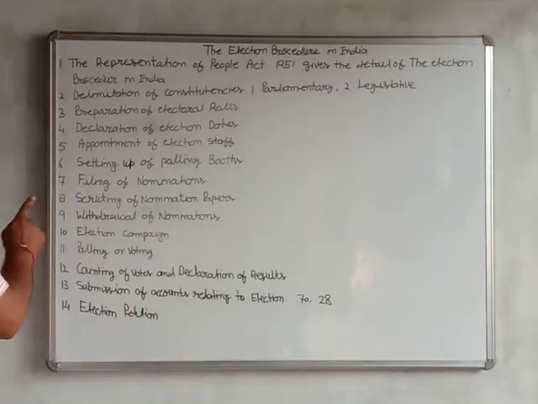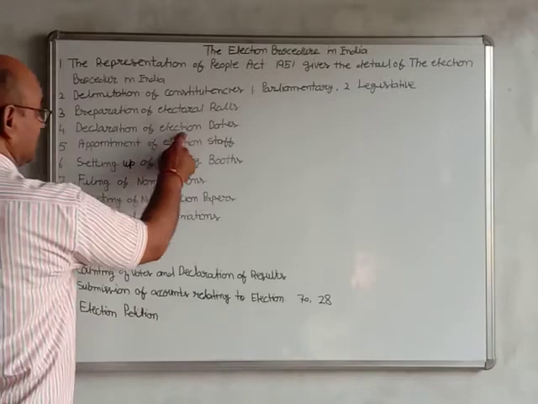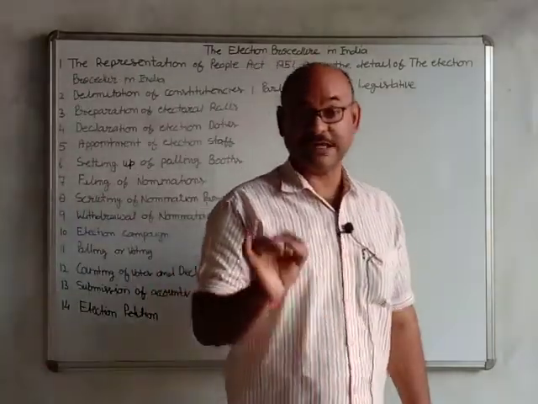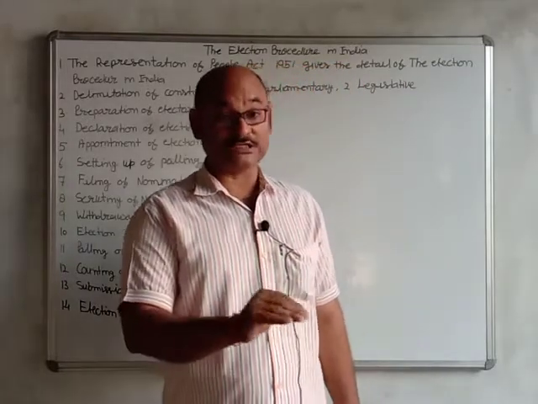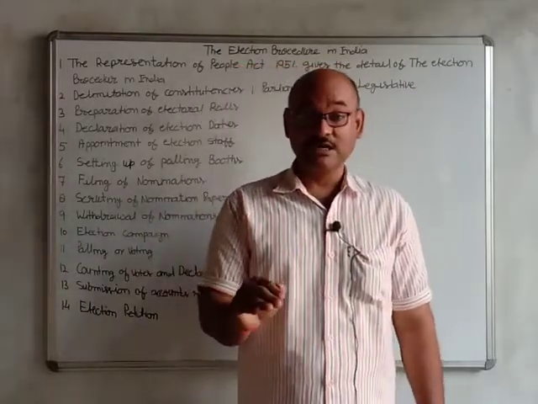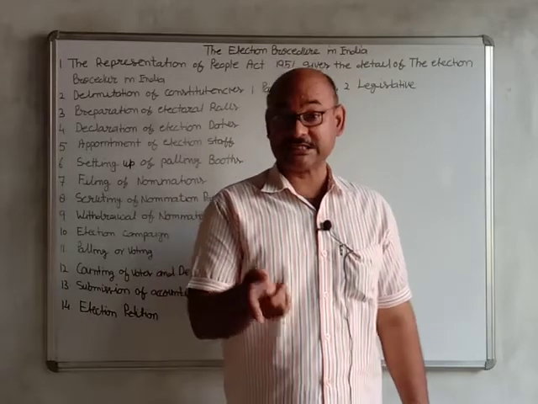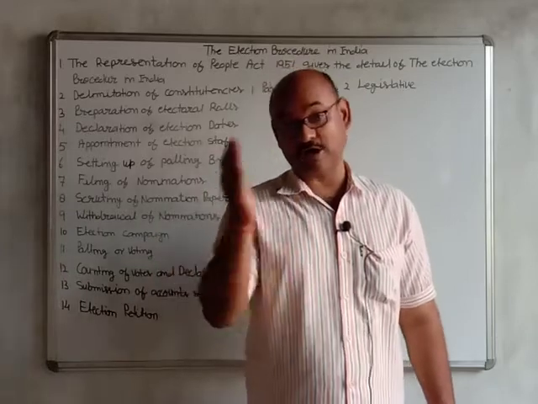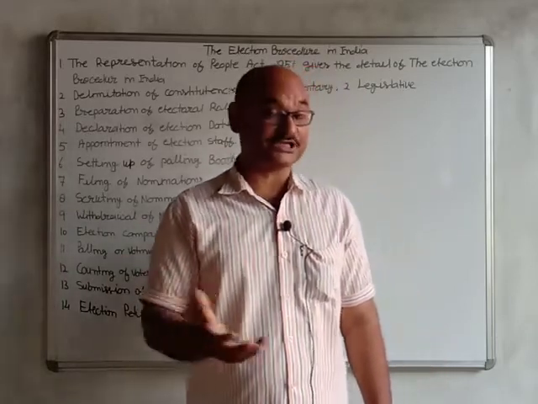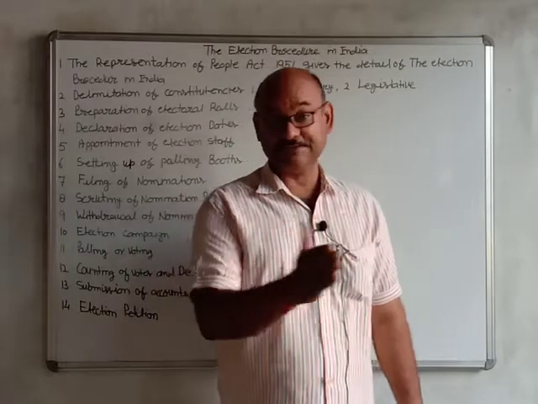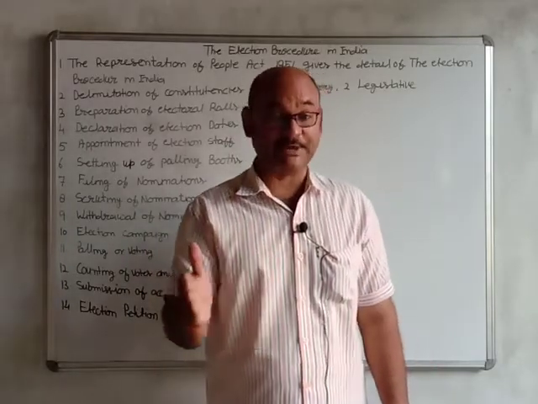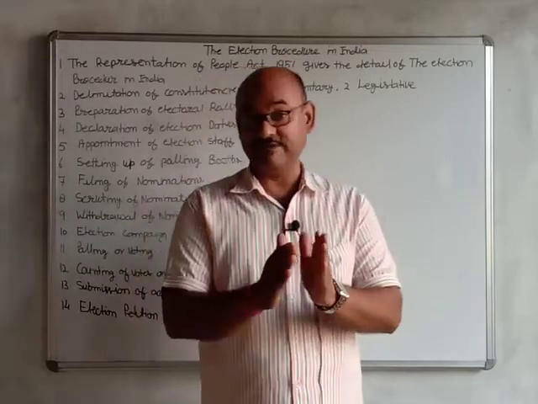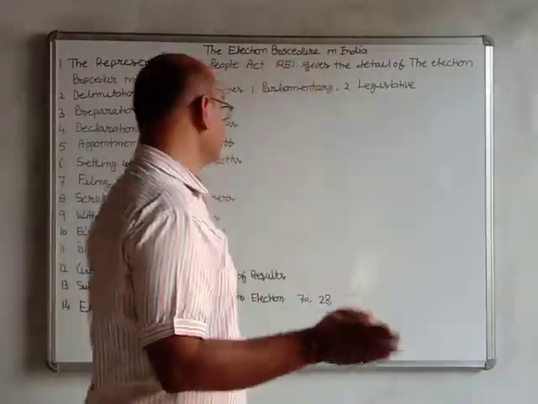And the third step, the third procedure, is the declaration of the election dates. The Election Commission, the Chief Election Commissioner with two election commissioners, will decide after discussion with the current government and the reports of the chief officers like the Chief Secretary of the State, DGP and other officers, and they will fix the date of the election.